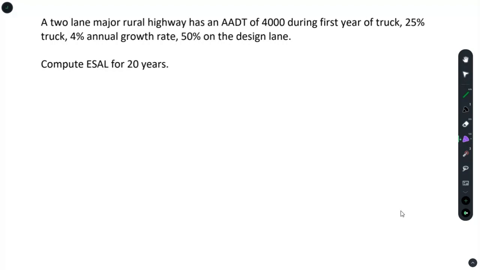The equation for ESAL is the ADT data you have currently, multiplied by the percentage of trucks, in this case 25%, and multiplied by the truck factor.